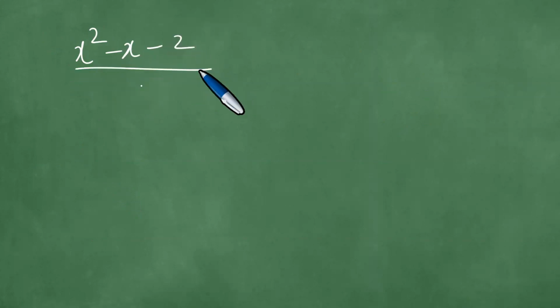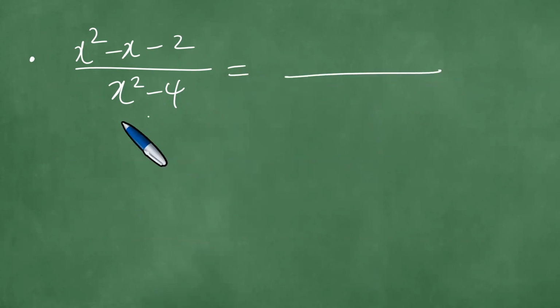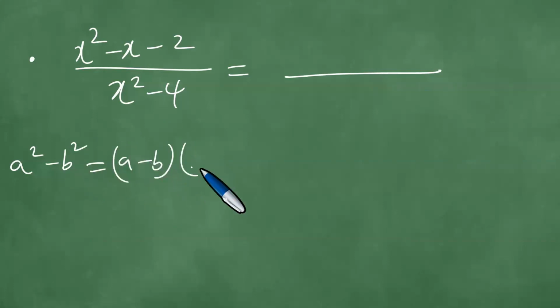Next, this one where you have x squared minus x minus 2 divided by x squared minus 4. What's the answer here if you simplify this? Okay, what are the factors of the top and of the bottom? What is a squared minus b squared?